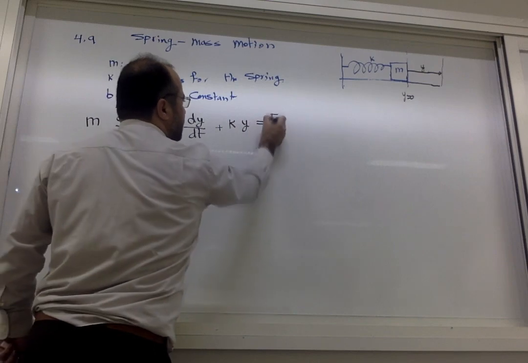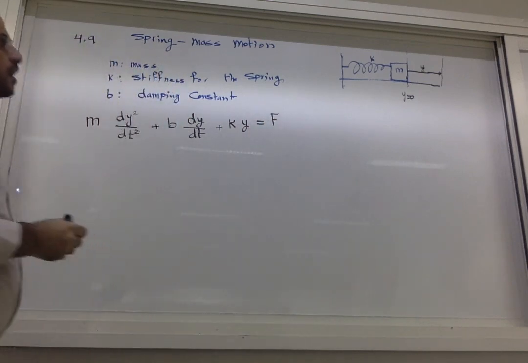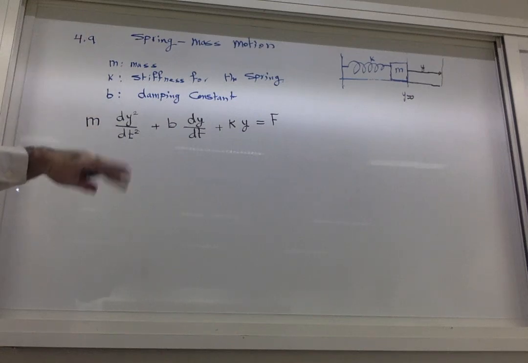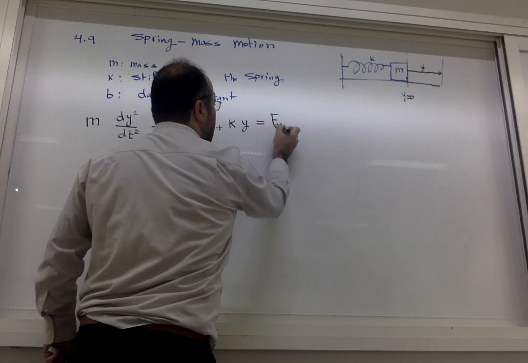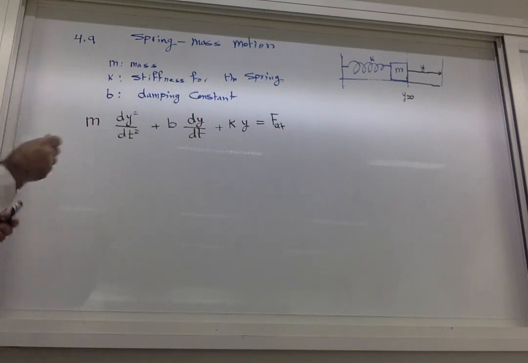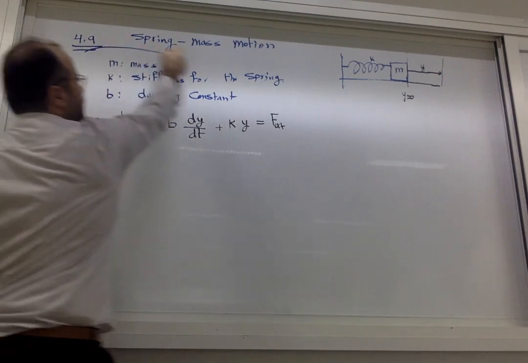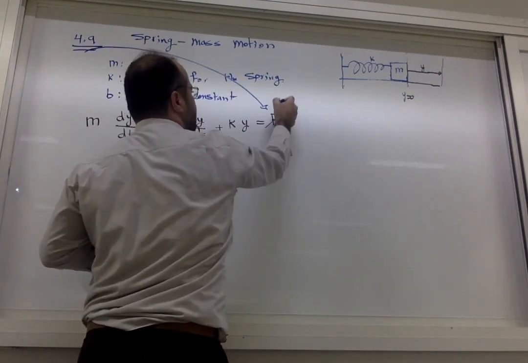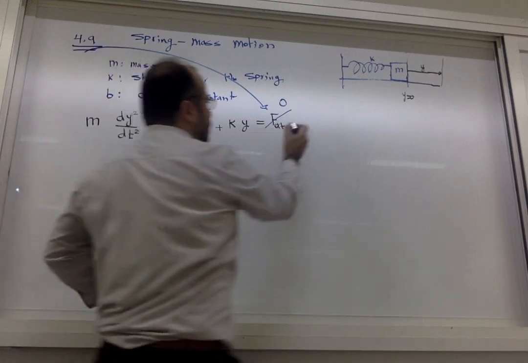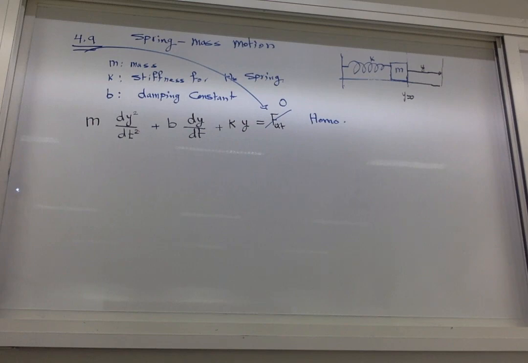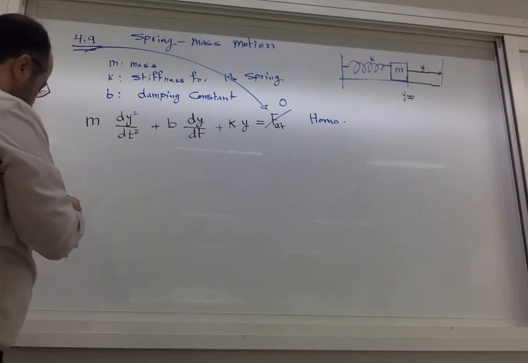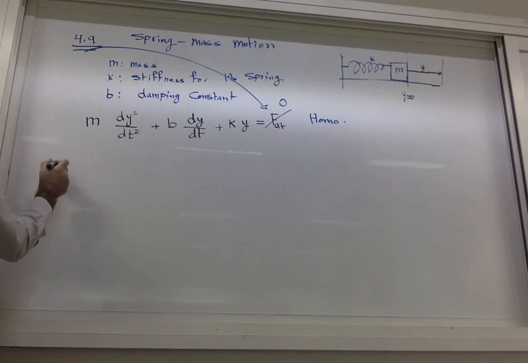And this could equal an external force, like a magnetic force or maybe an electrical force, so F external. In all our cases for section 4.9, I will always consider this to be 0. So always I'm going to have the homogeneous case.